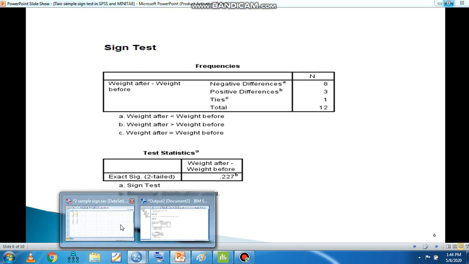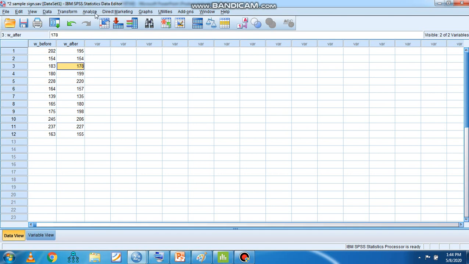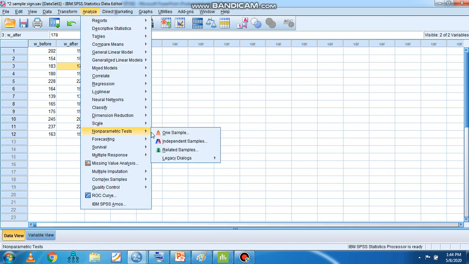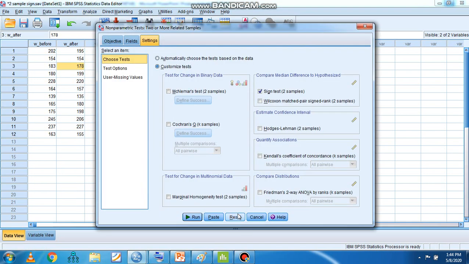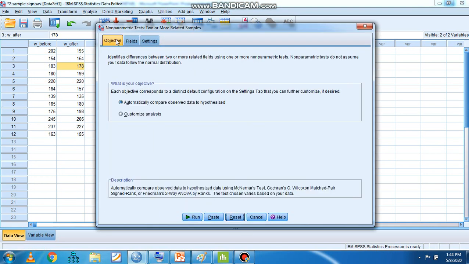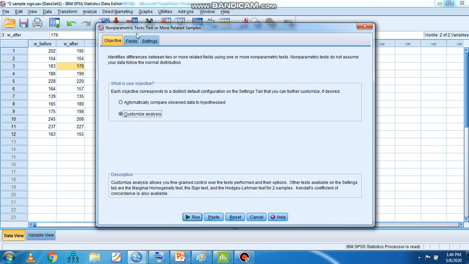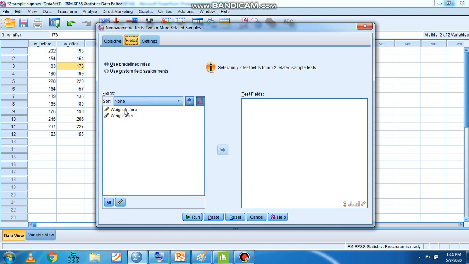The second option for performing this hypothesis test: Analyze, Nonparametric Tests, and then we select Related Samples directly from here. In the Objective tab, we select Customize analysis. In the Fields tab, we move the weight before and weight after variables to the test fields box.